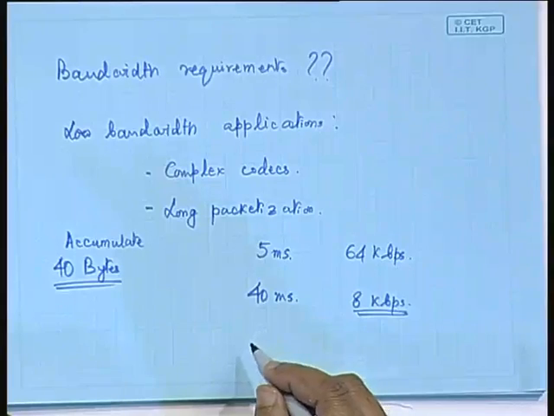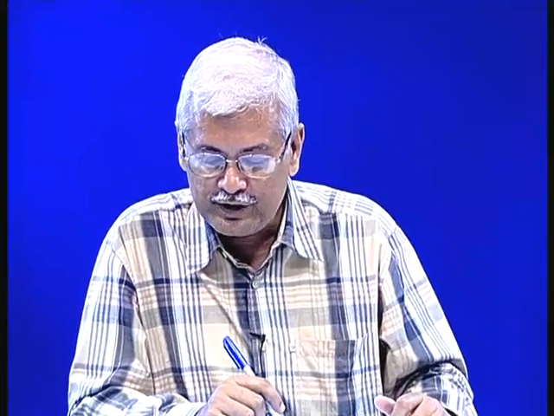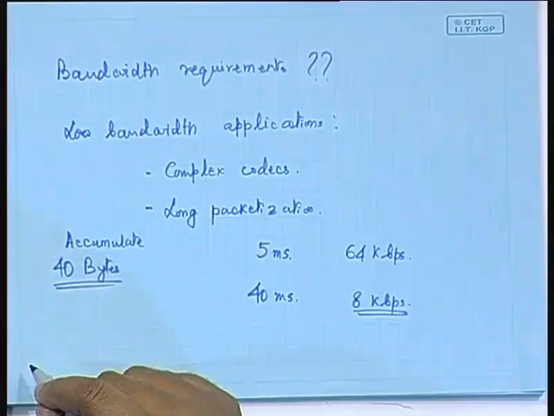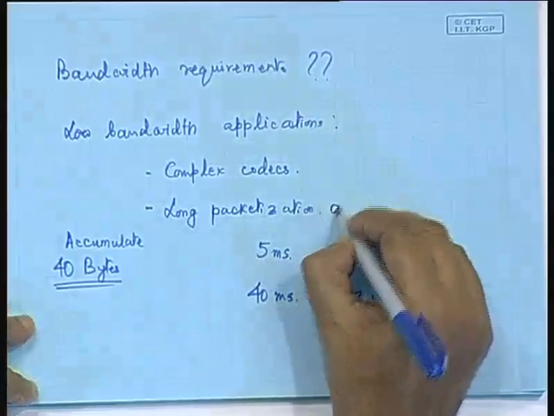So, the buffer accumulation time is higher, and that means your processing delay gets increased, because the buffer accumulation time adds to the overall transmission delay. So, reducing the bit rate definitely results in longer packetization delays.